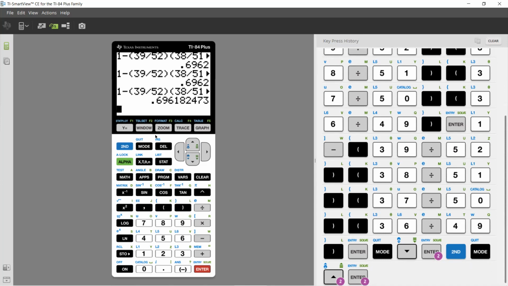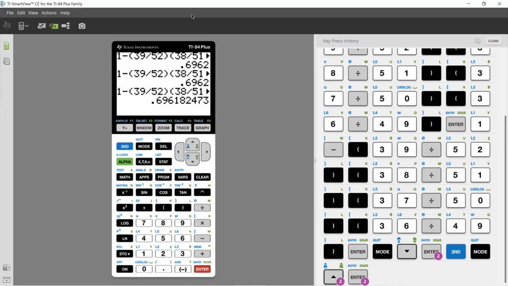That's what the full decimal looks like: 0.69618. I got it. I accidentally divided by 51 on... oh, that's twice. Fine. But if this way makes sense to you, when we get to a couple more sections, we'll be able to use another concept called permutations to help us with this.